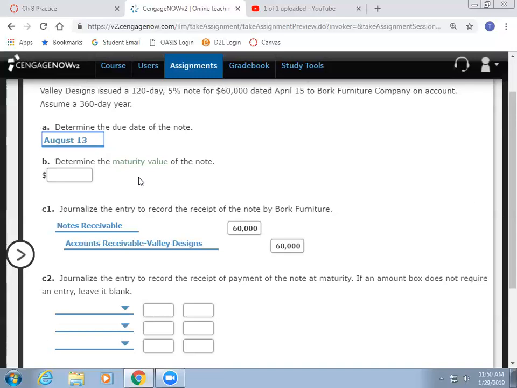In this case, it's 120 days divided by 360 days. Again, that's the banker's rule. So we're going to take 60,000 times 5% times 120 over 360. How much interest will they owe? $1,000, good. So $1,000 of interest will accrue.